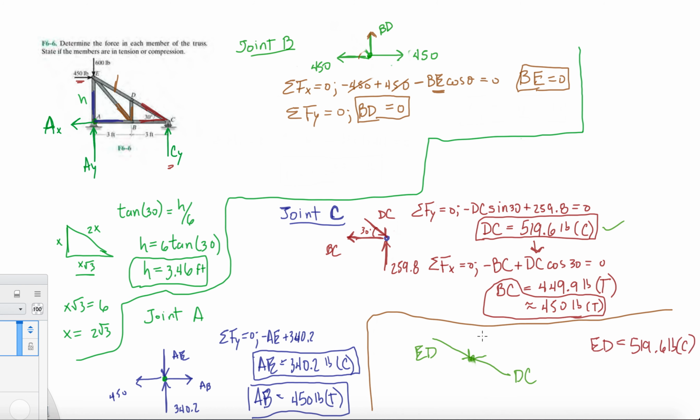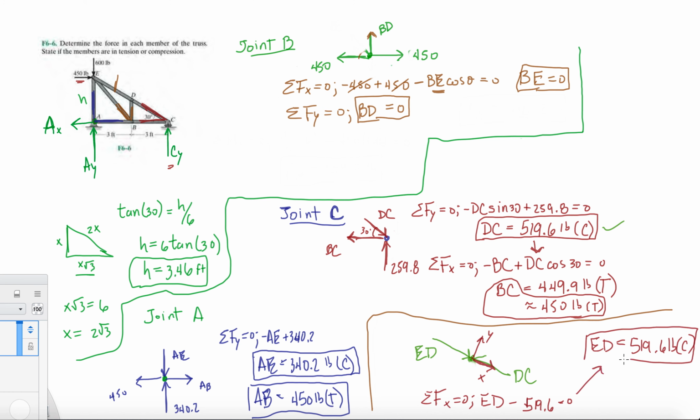Or if you orient your coordinates this way and sum everything in the x direction, you're going to have positive ED minus 519.6 equals 0, and that'll give you your result of ED.